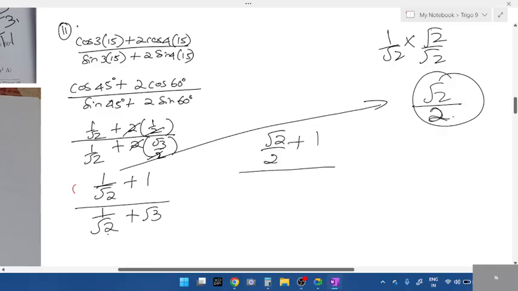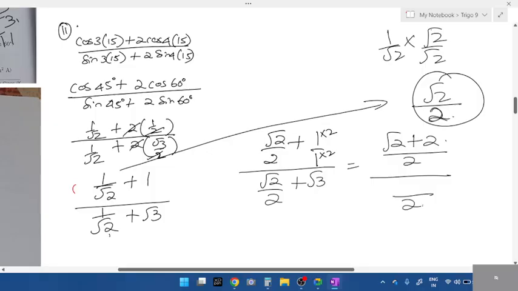In the same way, what about this one? Root 2 by plus root. When you take LCM, what do you get? Root 2 plus. When you take LCM, into how many times it goes? 2 is the LCM. How many times 1 goes? Into 2. So root 2 plus 2.